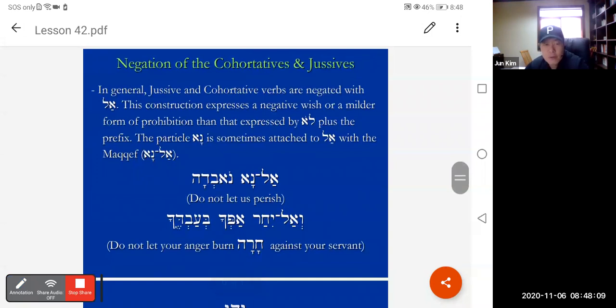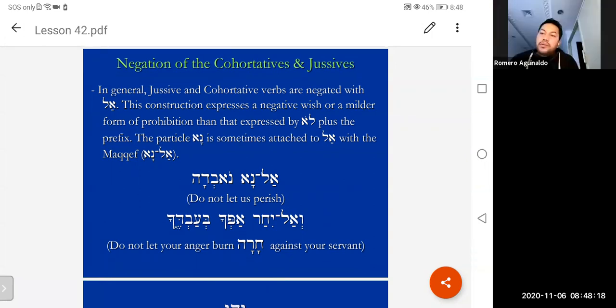Okay, so another lesson. Romero, would you read, please? Negation of the hortatives and Josephs. In general, Joseph and hortative verbs are negated with the al. This construction expresses a negative wish or a milder form of prohibition than that expressed by law, plus the prefix.